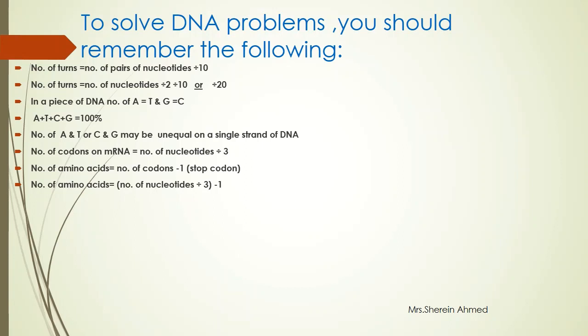The number of amino acids equals the number of nucleotides divided by 3, which represents the number of codons, minus 1 stop codon. Of course, you remember that the stop codons are UAA, UAG, and UGA.